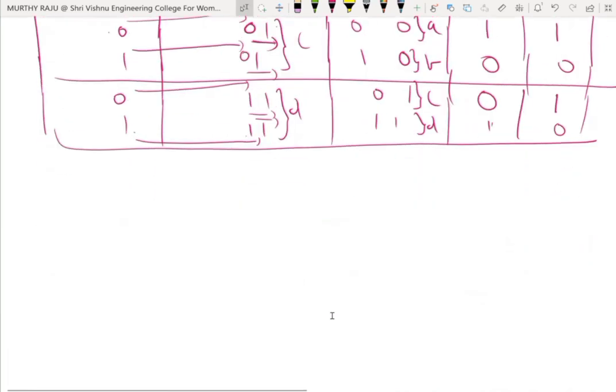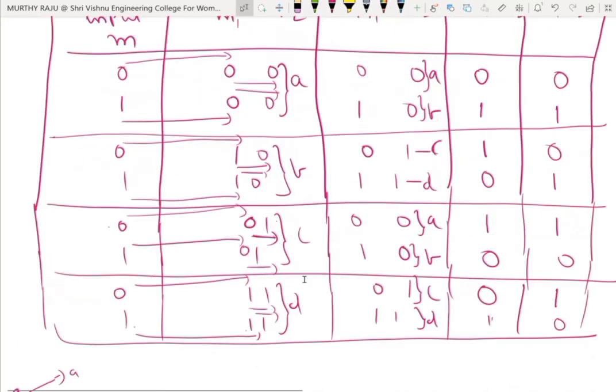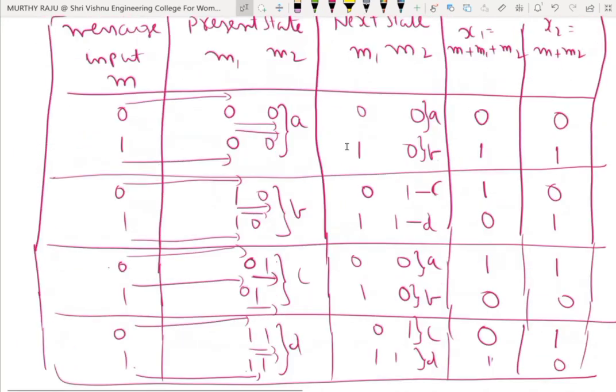Consider signal flow graphs. Here we use some signal flow graphs. A to A, A to B. Here A to A, and when the input bit M is equal to 0, it is represented by a solid line.